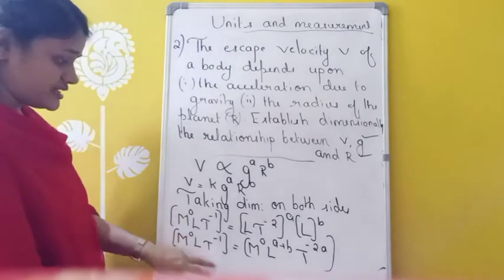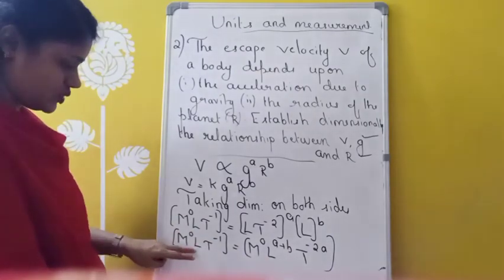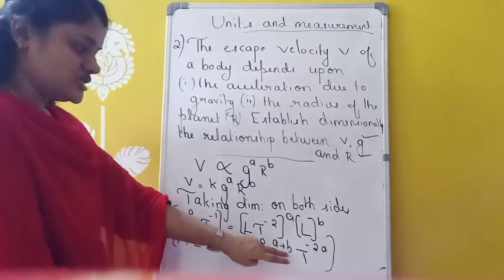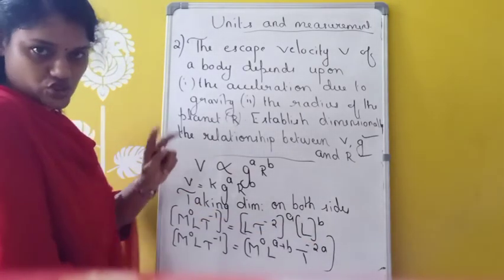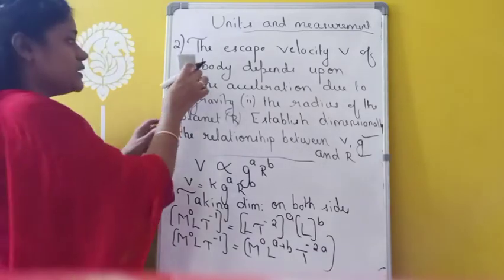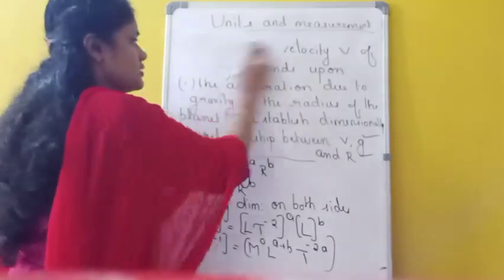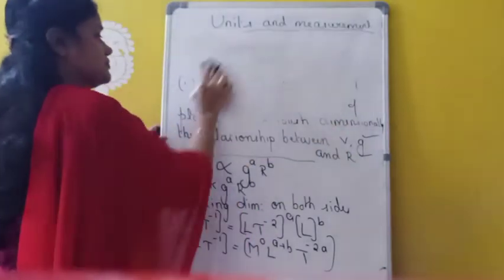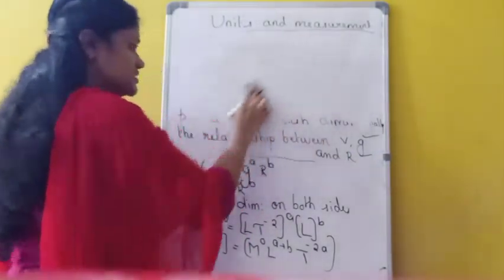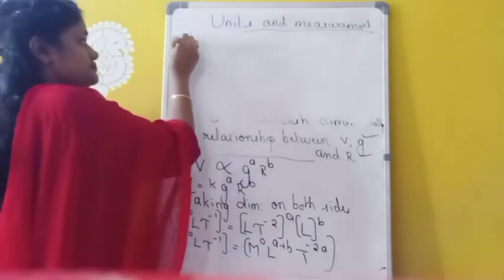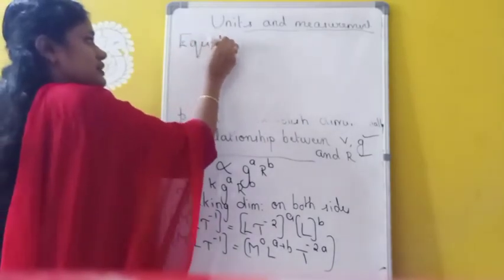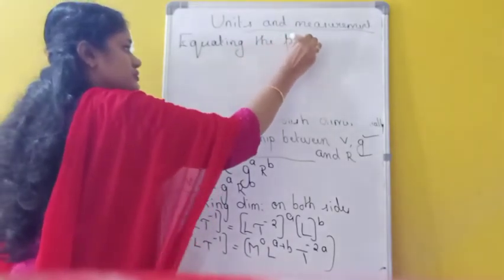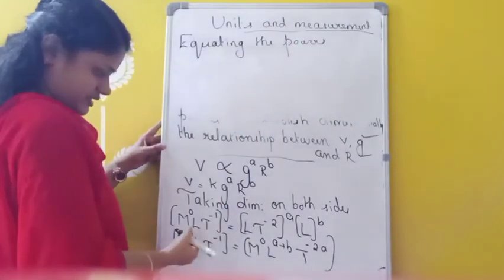Now we can equate the powers. Here M raised to 0, L T raised to minus 1, and here M raised to 0, L raised to A plus B, T raised to minus 2A. So equating the powers, we get 0, 0.